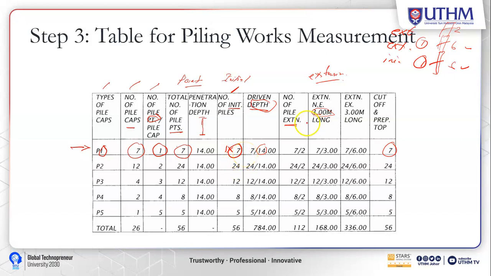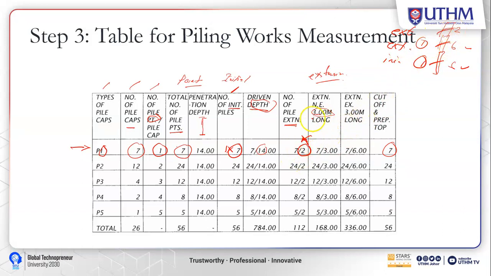And then for the number of extension piles, we have 2 extension, 2 number. This is not in meter, it is in numeric, so this one is number 2.